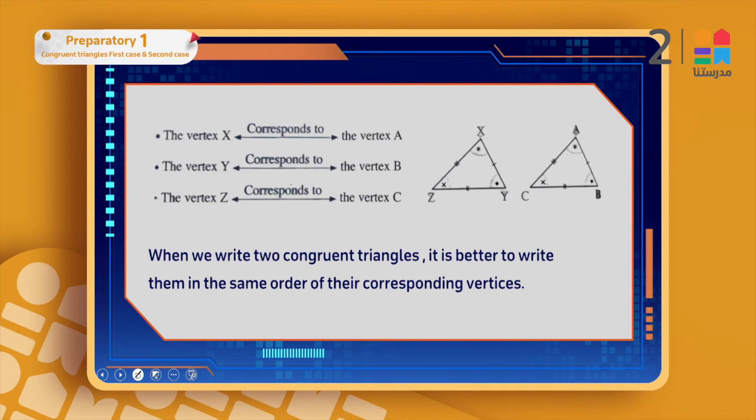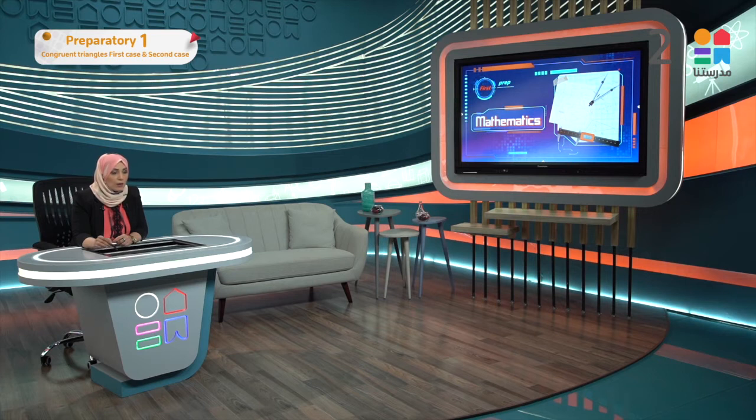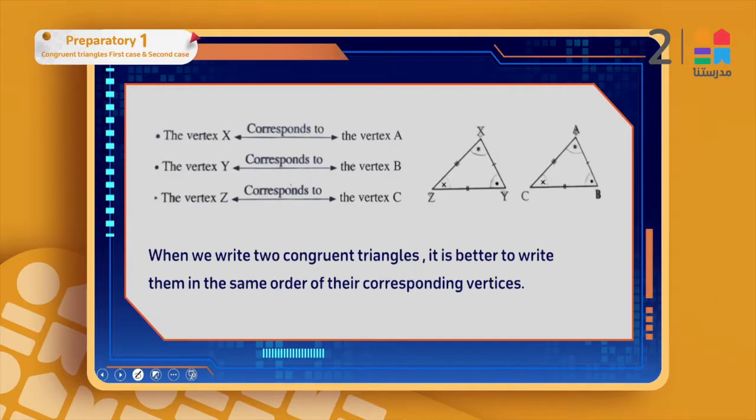So take it in order, X, Y, Z. Take the other one in the same order for the corresponding vertices, A, B, C. From the order you will know the congruent sides and the congruent angles.